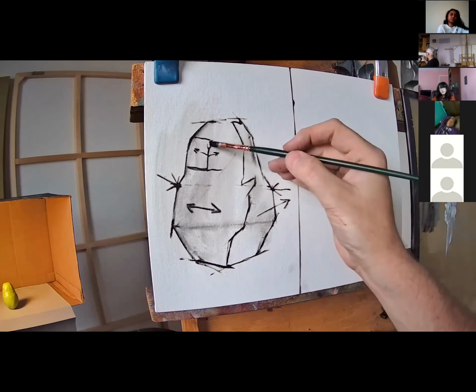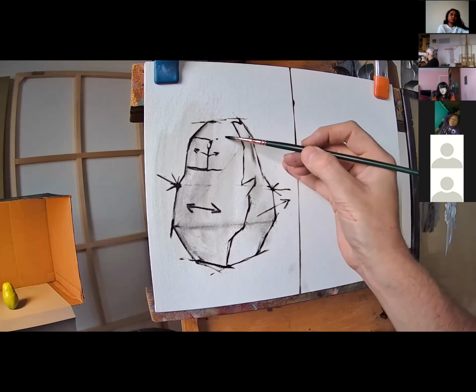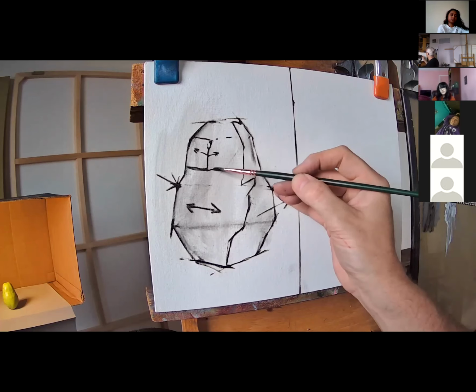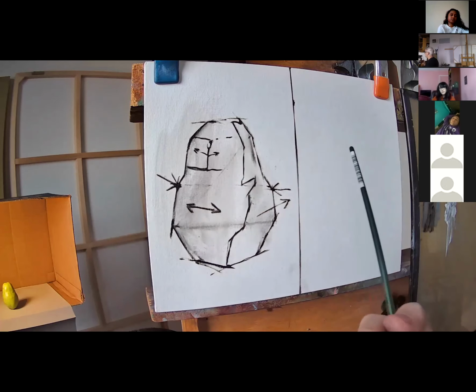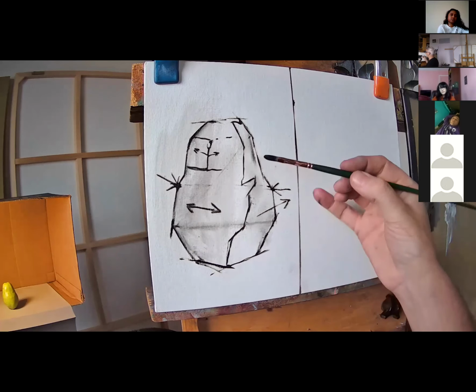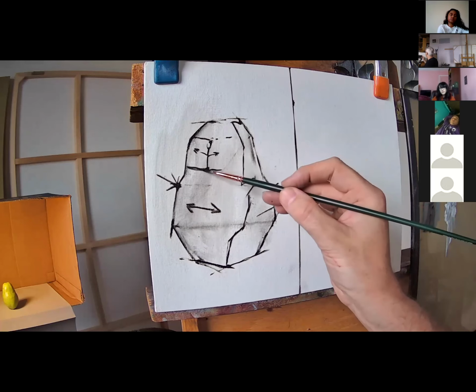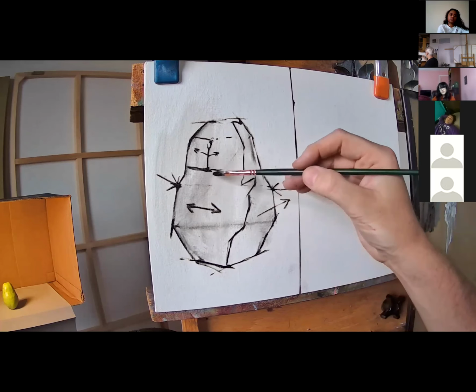And then from this point here, again, a line that corresponds to the highlight of the form. Then we have a slightly darker halftone plane that's directly facing me, like it's directly facing the viewer. And that slightly darker halftone plane has a somewhat irregular shape.